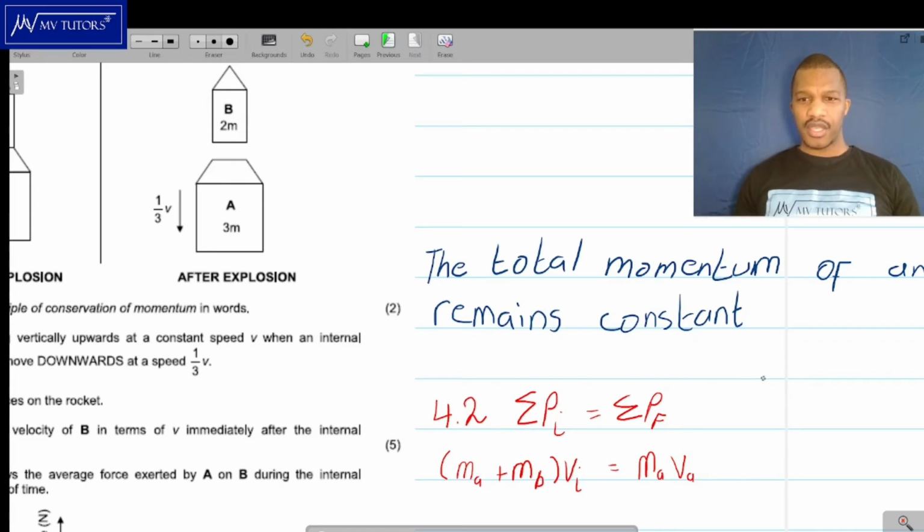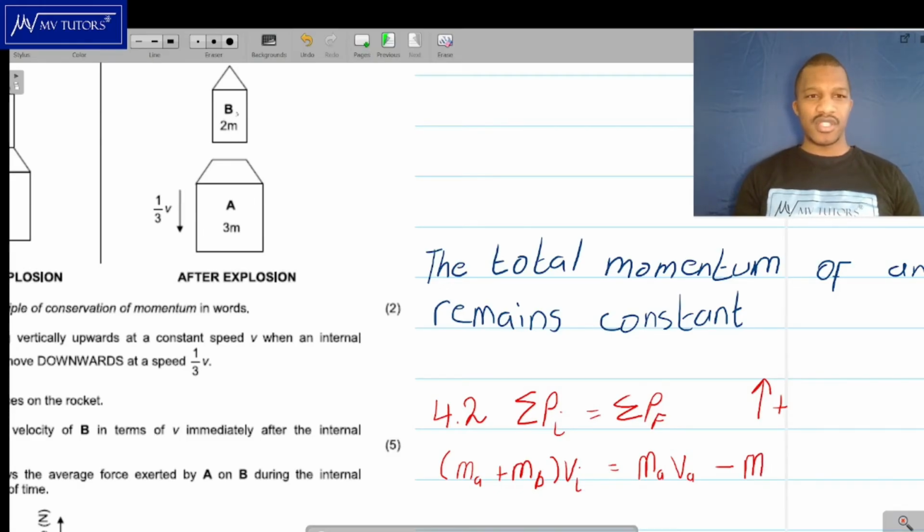Let's just say going up is positive. Now, as you can see, mass A and its velocity are actually going down, so going down is going to be a negative direction.